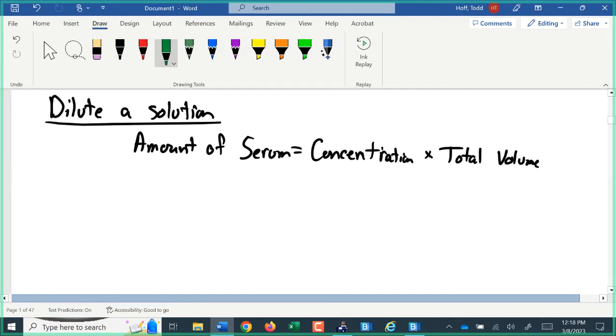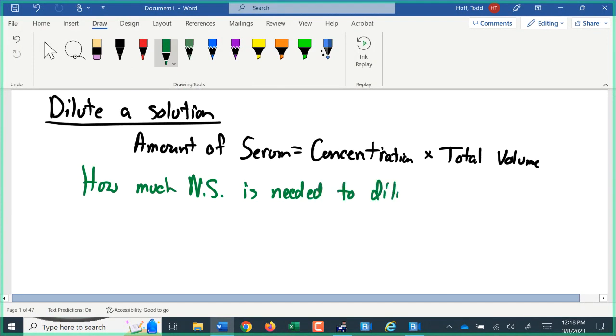So let's say we ask how much saline is needed to dilute 240 milliliters of 12% solution to 8%.